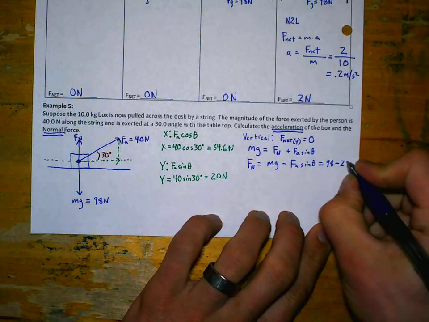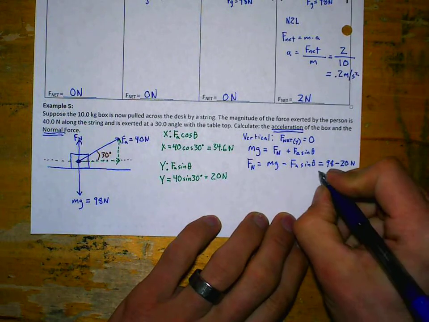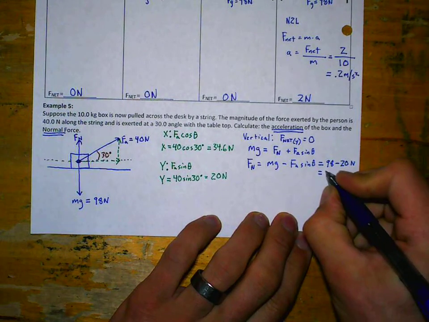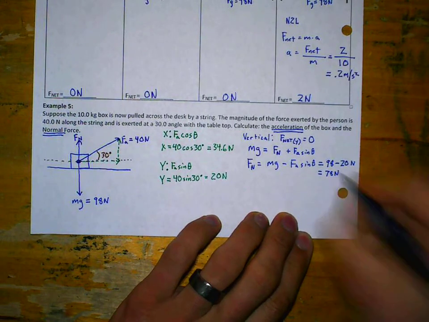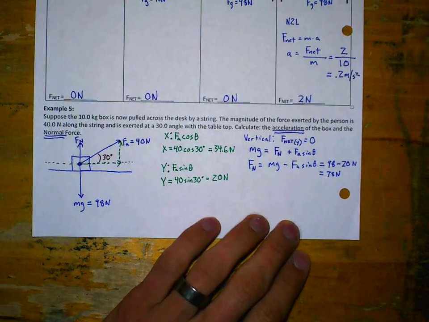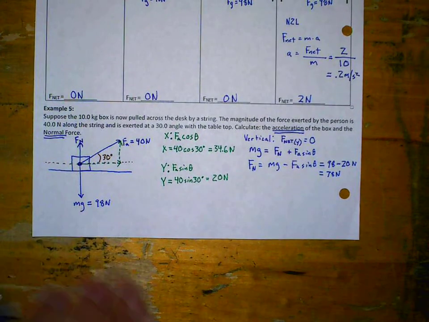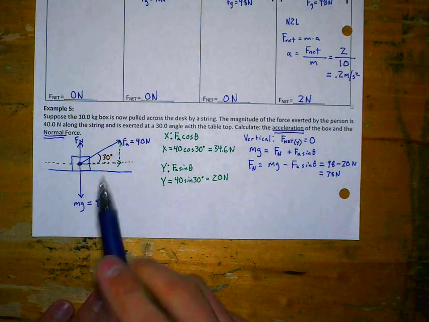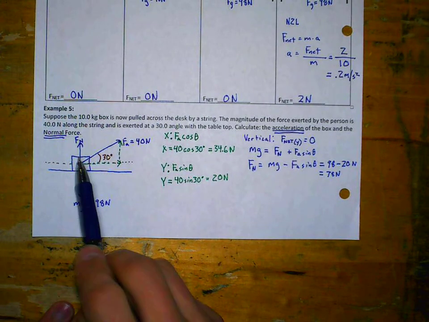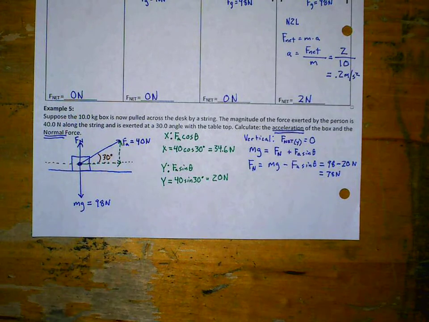Try not to mess it up this time. 20 newtons. And so we get a normal force of 78 newtons. So the 78 plus the 20 equals the 98. All the vertical forces cancel. Yes, which is what we did. We did mg minus the y value.